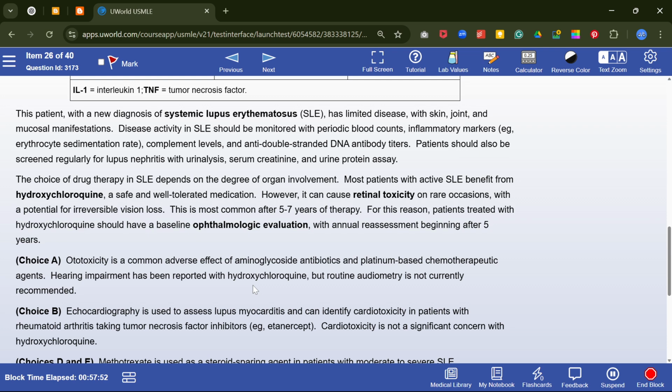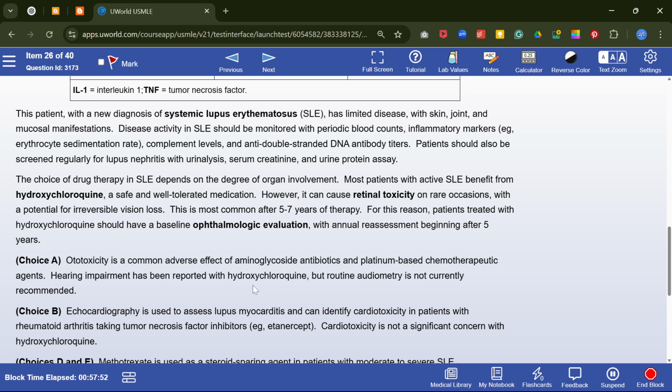This is most common after 5 to 7 years of therapy. For this reason, patients treated with hydroxychloroquine should have baseline ophthalmologic evaluation with annual reassessment beginning after 5 years.